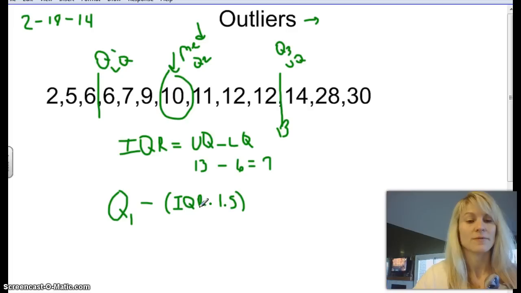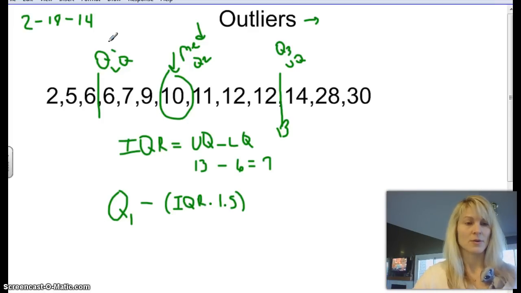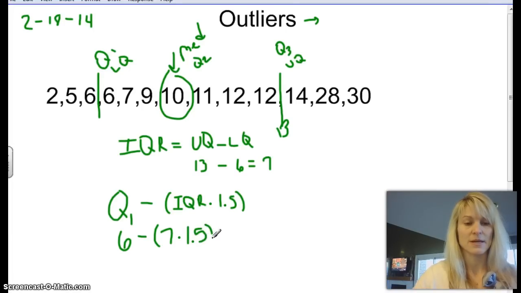So we say if the number is 1.5 times our quartile range below the lower quartile, then that's considered an outlier. So our Q1, our lower quartile, is 6. And we subtract that from our IQR, which we determined is 7, times 1.5.